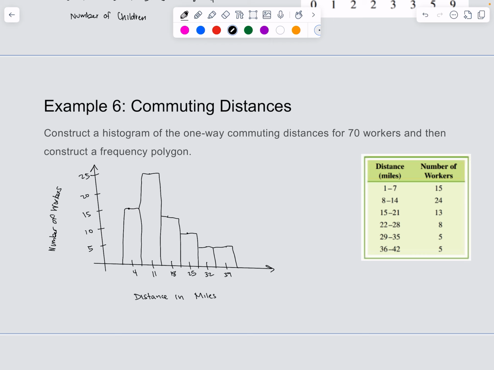But we also want the frequency polygon, so we'll make our straight line segments going from point to point. There we go. And they're just on top of each other like that.